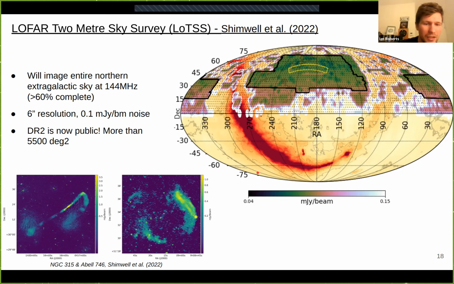I just have some example images of a radio galaxy and shocks and relics in a galaxy cluster that you can get from the LoTSS survey. It's really this data that I've used to do this search for jellyfish galaxies in low redshift groups and clusters. And it's this extremely wide area that has made this possible.